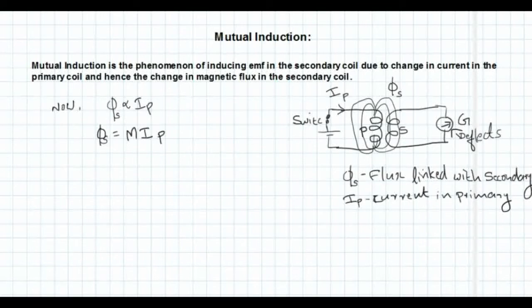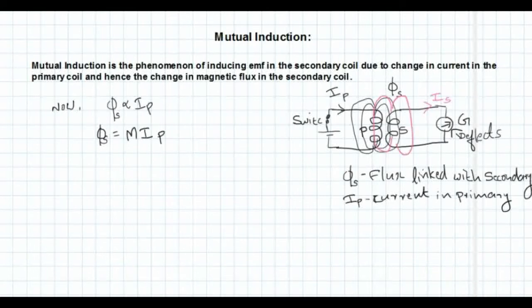Now there is one more point. Phi s is the flux linked with the secondary, and Ip is the current in the primary. Then when there is a current flow through the secondary, there will be a magnetic flux produced in the secondary also, right? Similar to the case in the primary, when there is a current flow in the secondary, there is a magnetic flux produced, and that magnetic flux will be linked with what?